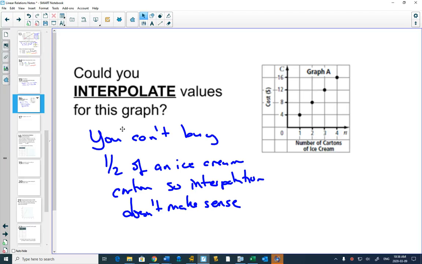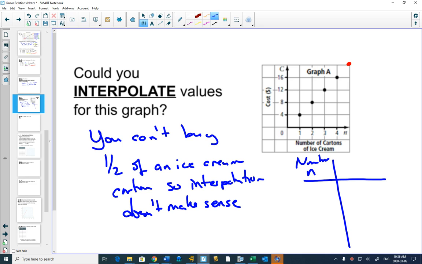We need to know this question. But it would make sense to extrapolate because you could figure out how much 5 would cost. Right? According to this, if we look at our table of values for this one, we've got number of cartons here, which is n, and the cost here, which is big C. You buy 1 carton, how much does it cost? $4.